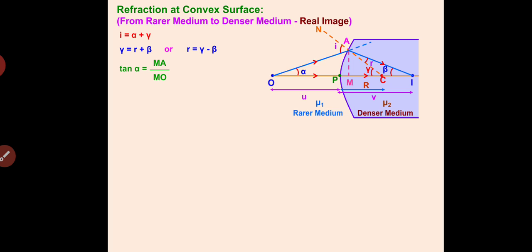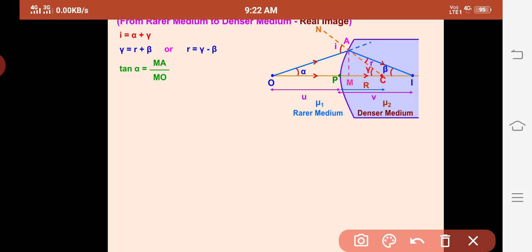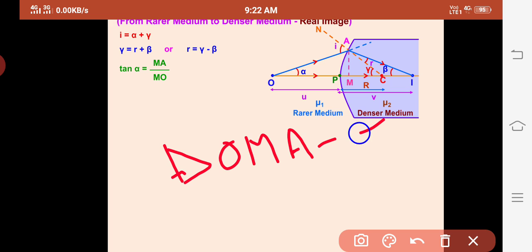But our problem is how we can measure the values of alpha, beta and gamma. These can be measured in terms of distances along the principal axis using right angle triangles. From right angle triangle OMA, we can find the value of alpha.